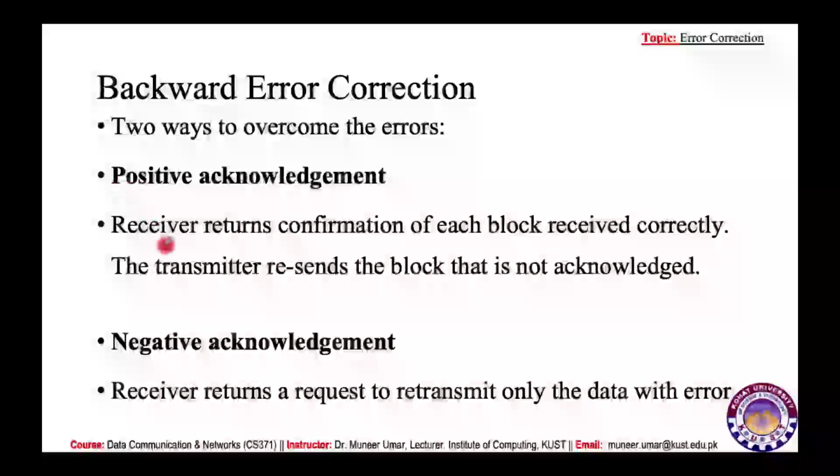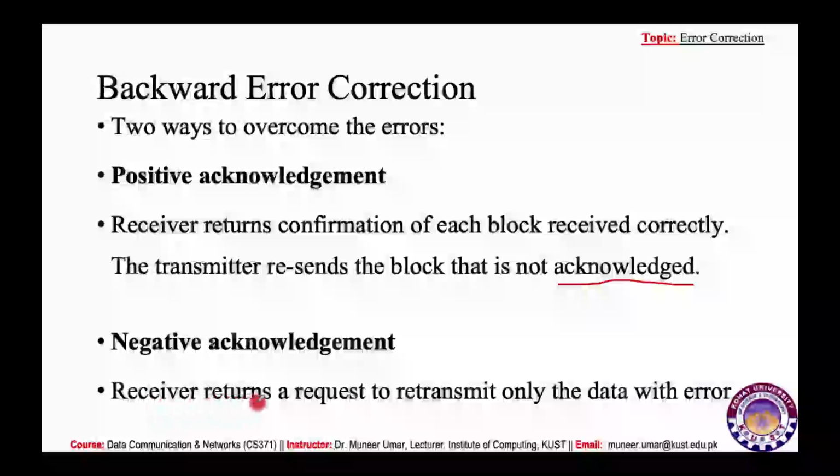In positive acknowledgement, the receiver returns confirmation of each block received correctly. The transmitter resends the block if that is not acknowledged. We have already studied the acknowledgement performed by TCP at the transport layer. Then we have negative acknowledgement.